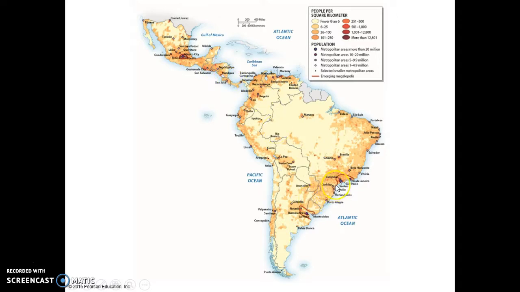And here in South America, again, the coastal areas, with the exception in Peru, in Brazil, we have Manaus, which is a large city that rose on the banks of the Amazon River.